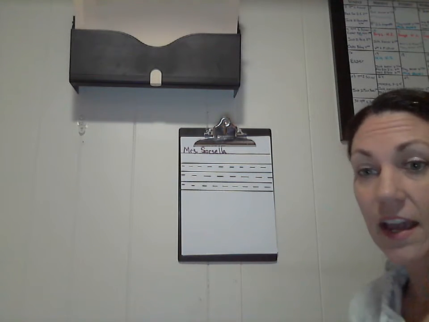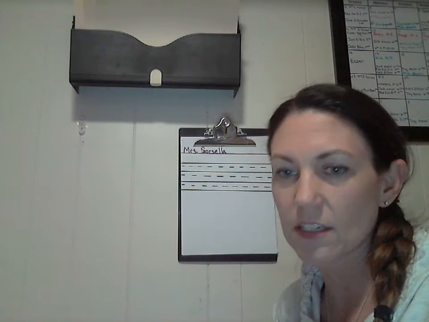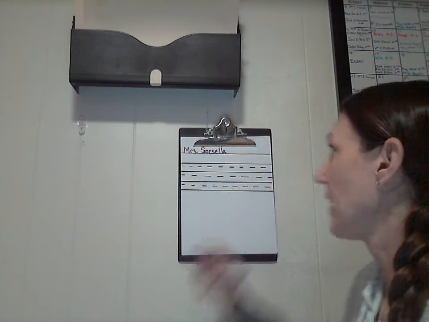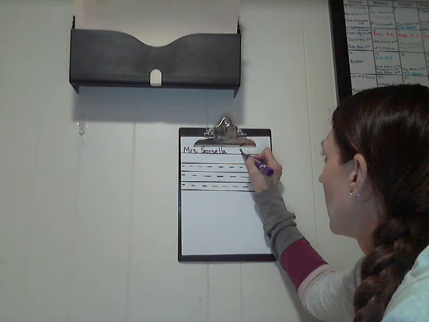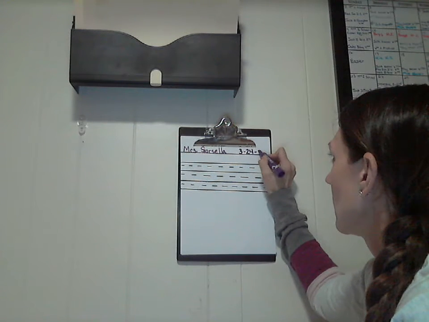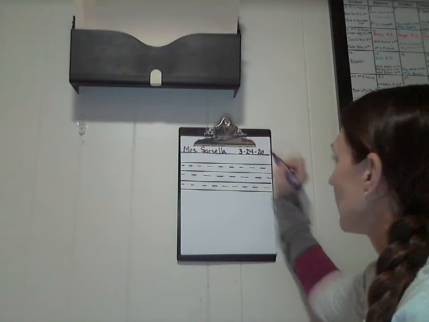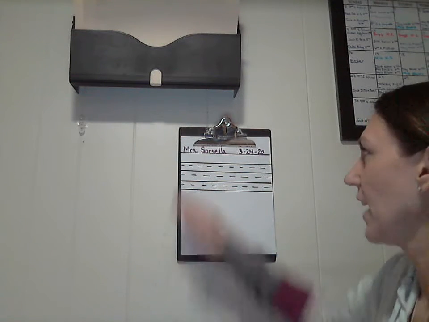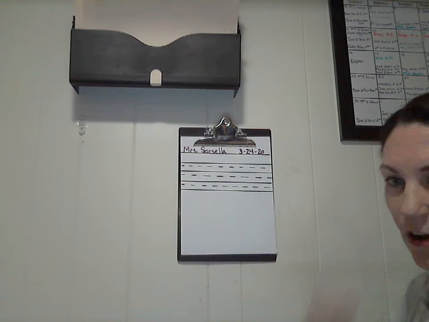Okay? And even the date. It's really easy to lose track of days right now. And a great way to practice their numbers, 3, 24, 20. All right? So I put that at just this top line right here.